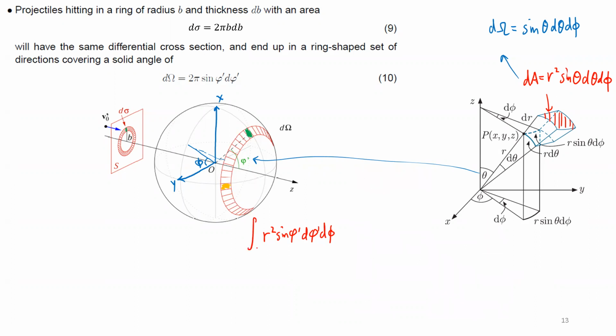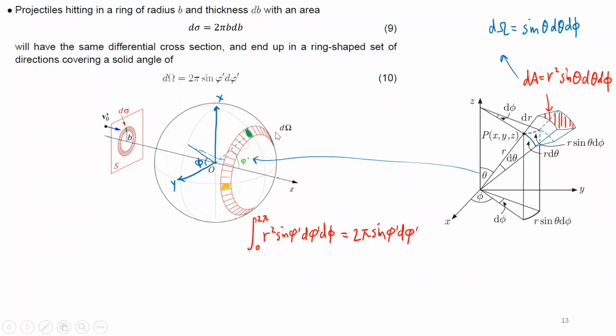That would be this, and that just gives me a factor of 2π. So just 2π r² sin φ′ dφ′. This is the dA.